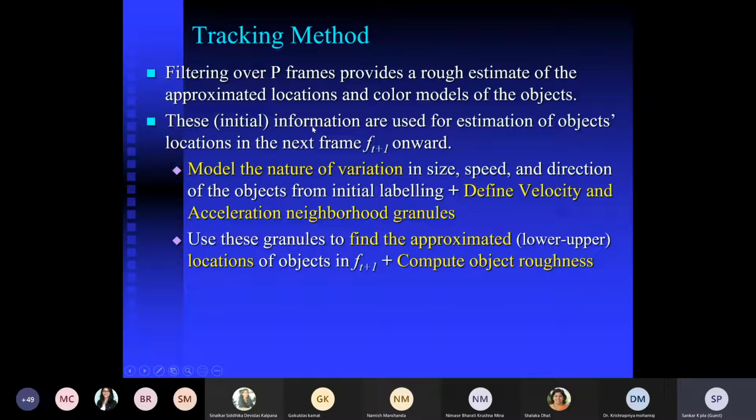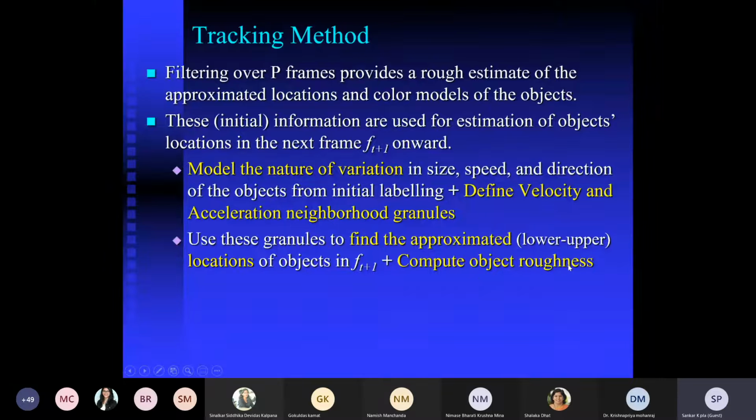So we model the nature of variation in size, speed, and direction of the object from the initial labeling, and define velocity granules, neighborhood granules, and acceleration granules as well. Displacement is the difference, and the rate of displacement gives acceleration. We use this granular information to find the approximation, in terms of lower and upper, of the object model in FT+1. And then you compute the object roughness.